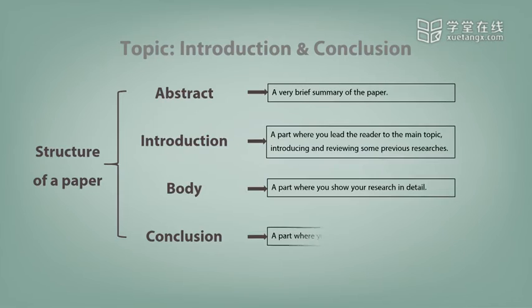As we have seen before, you can divide the body of the research into research design, research findings and results, and your own analysis. And then the conclusion, as the word indicates, is the part where you conclude your paper, and also you can give out the results and findings of the paper.